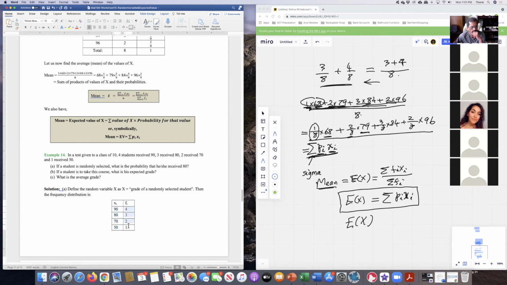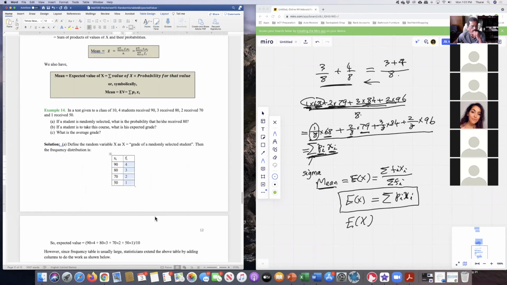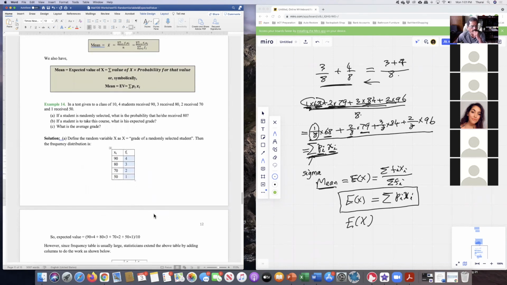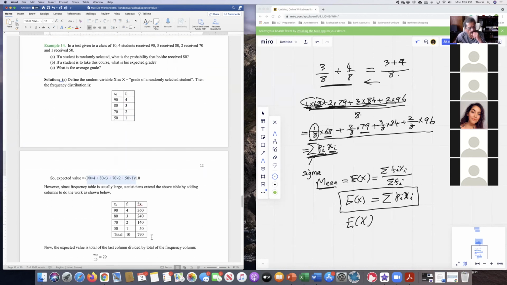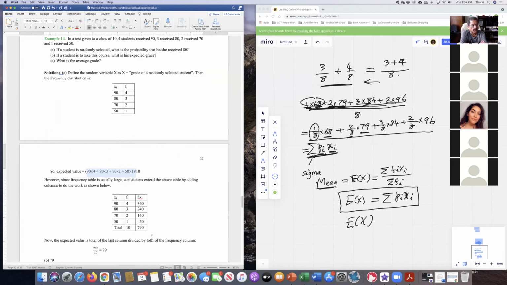So I have those frequencies in the second column. Now, to find the expected value, I can multiply 90 by 4, 80 by 3, and so on. So the summation of these divided by the total size of the class, which is 10.